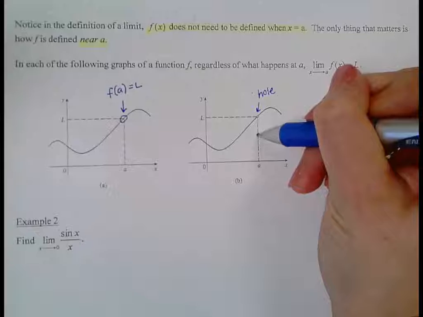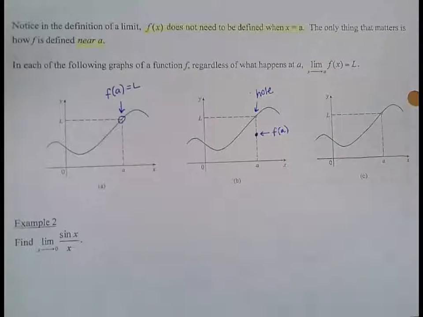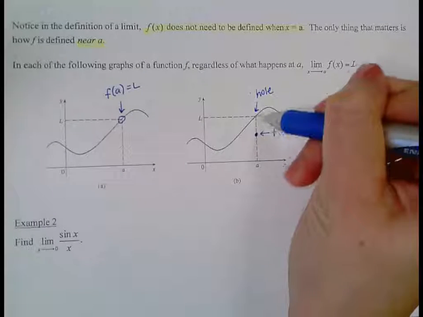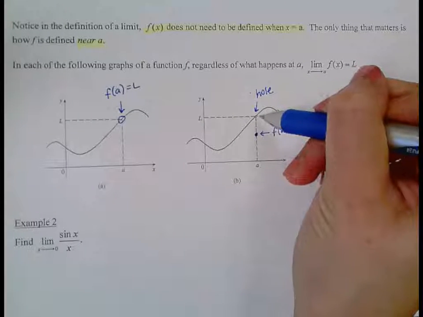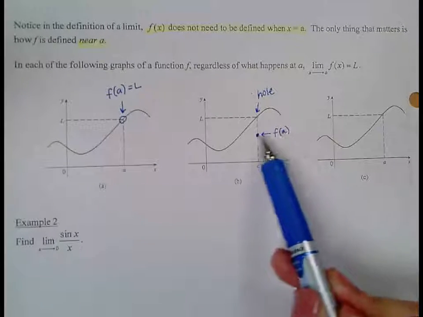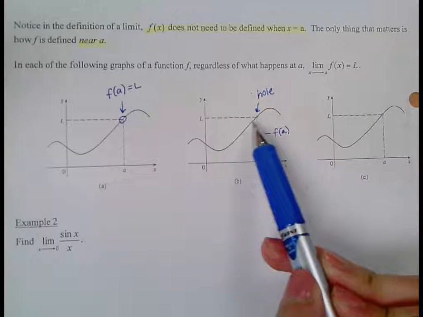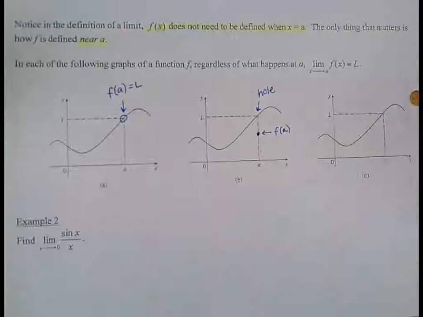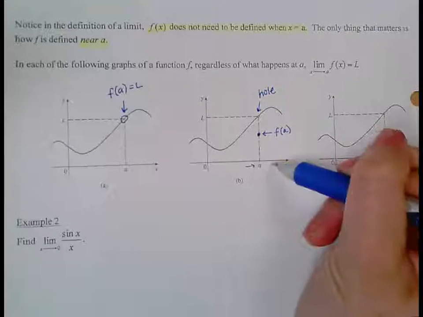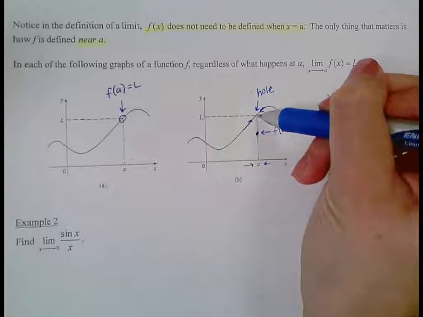This is your actual f of a right here, which is supposed to be filled in. The one on the curve should be a hole, not filled in. So that means this is your function value at a, and there's a hole in the graph. However, with a limit, this point doesn't even matter. As the x values approach a, on the curve, the y values are still approaching L.